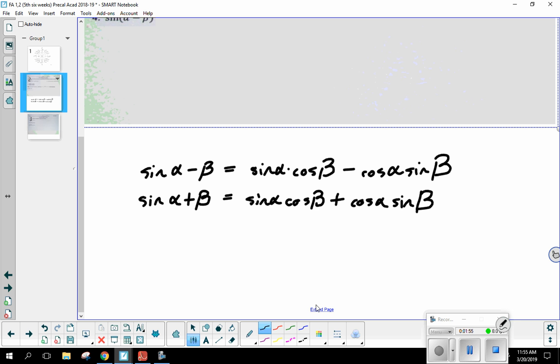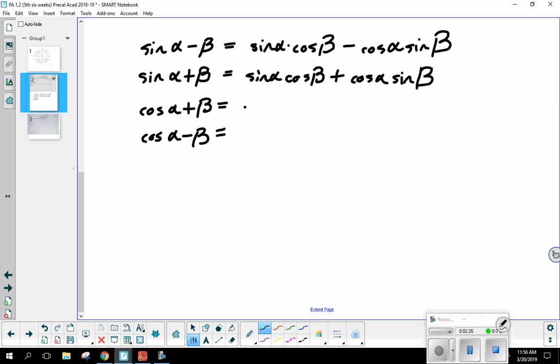And now let's do the same thing for cosine of alpha. Let's do the plus first this time, and then cosine of alpha minus beta. And remember, these were just formulas. Once you had the appropriate formula, you just plugged it in and you simplified. So cosine, what did it want to do? It keeps them the same, but it switches the operation. So we want to keep cosine times cosine, we want sine times sine, but this one changes the operation.